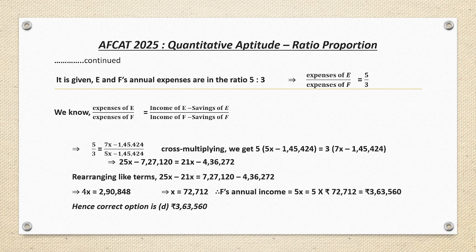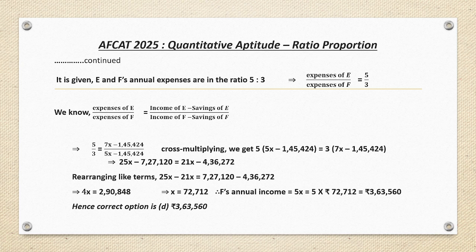Let us rearrange the like terms. All x's on one side and the amounts on the other. So 25x minus 21x is 4x, and 7,27,120 minus 4,36,272 is equal to 2,90,848 rupees. Divided by 4, we get 72,712 rupees.